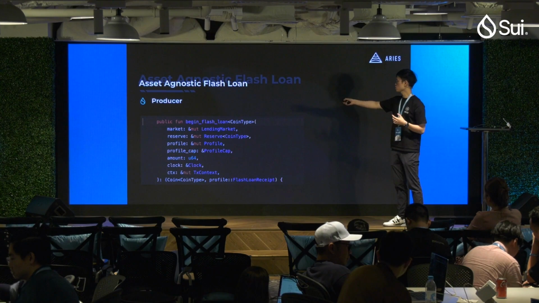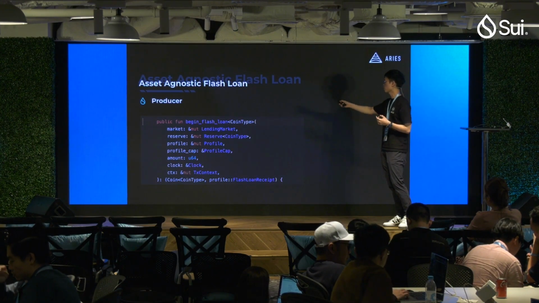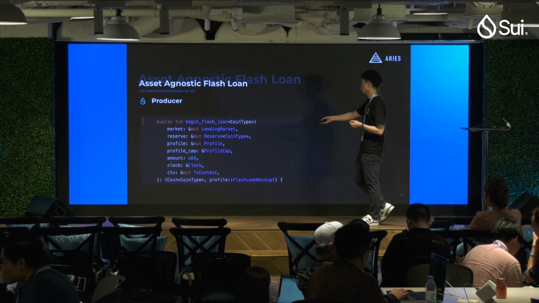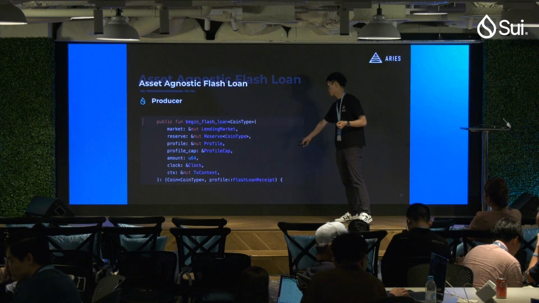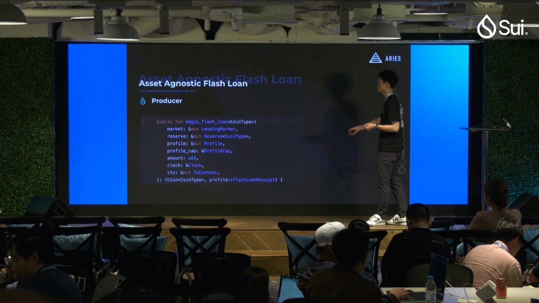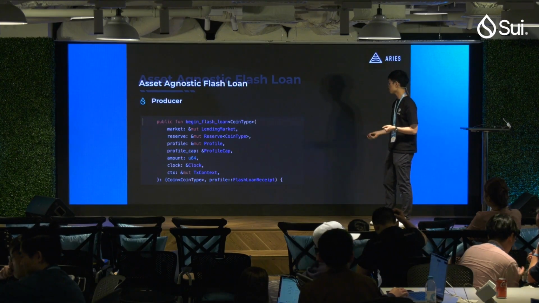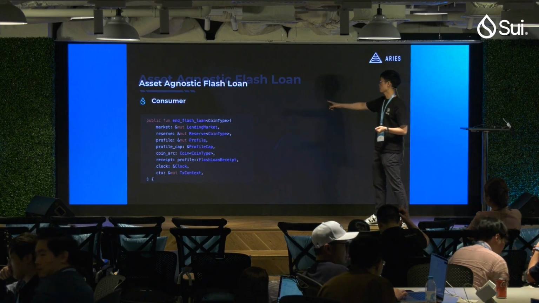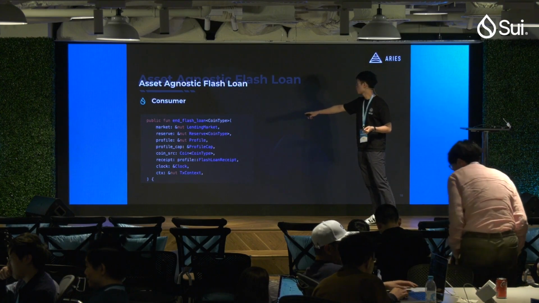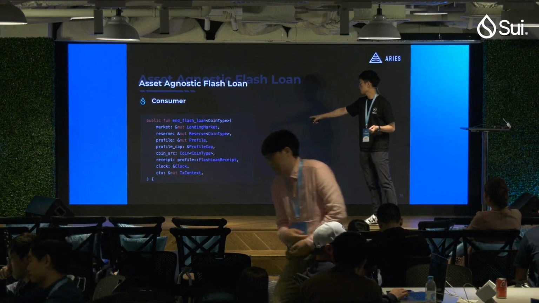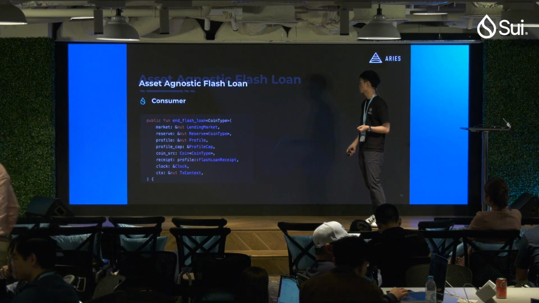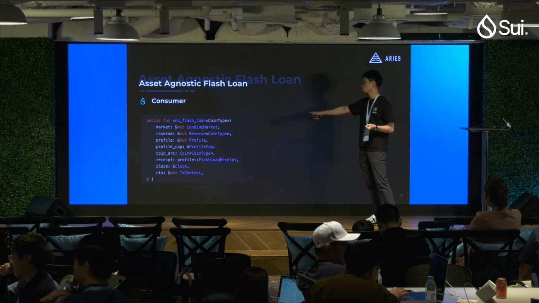So we use a function called begin flash loan, and it will return a coin and a flash loan receipt. So this flash loan receipt needs to be passed in together with your repaid amount. And then we pass in the profile and flash loan receipt into end flash loan together with the coin that is used to repay.